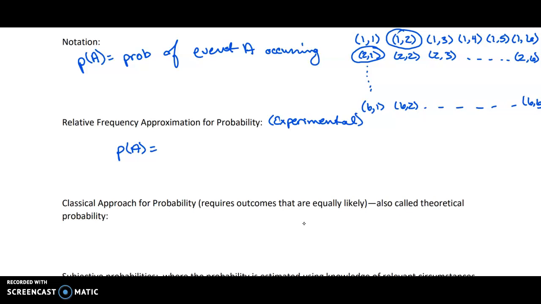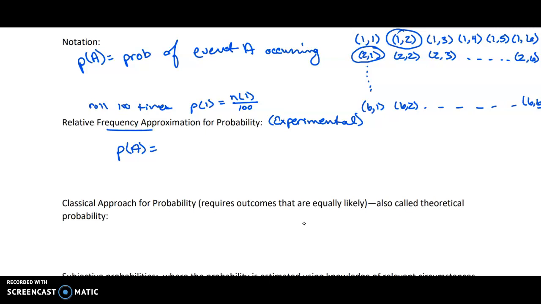Maybe we did roll that die, one die, 100 times, and we want to know what's the probability of A. Maybe we're looking for, if we roll 100 times, find the probability that we got 1 using the relative frequency approach. Well, we would just count how many times we got the number 1 out of all the rolls that we had.